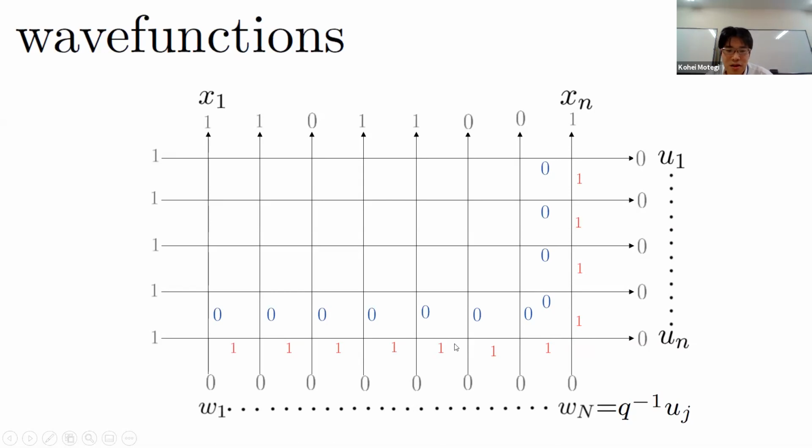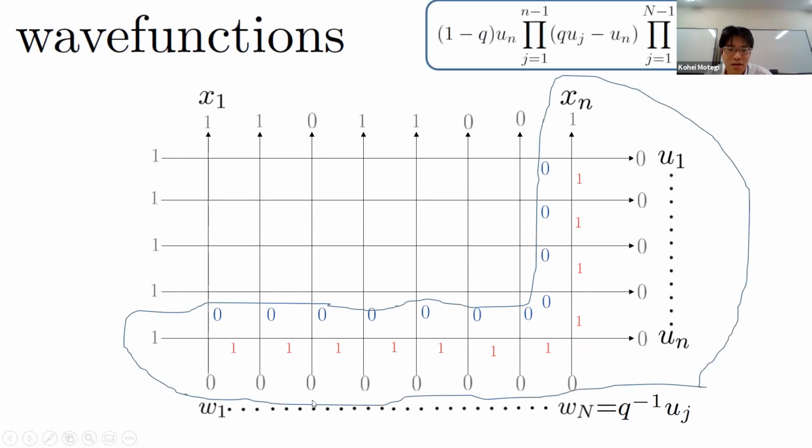So then the contribution coming from this frozen part is explicitly this. So this is multiplying the R matrix elements coming from this frozen part.